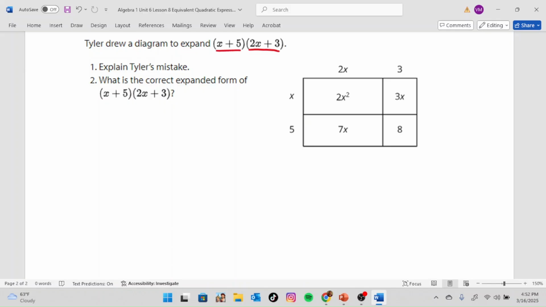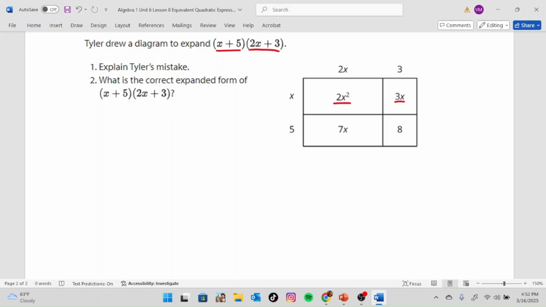So that is correct. Now let's multiply what is at the top of each column with what's to the left of each row. 2x times x equals 2x squared. That's correct. 3 times x is 3x, so that is correct.